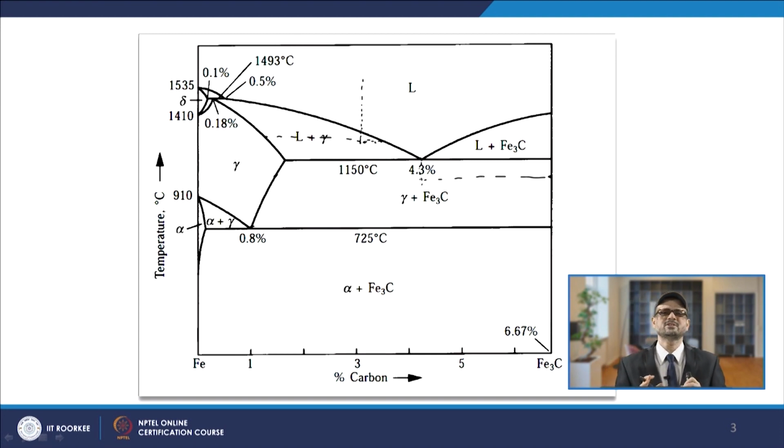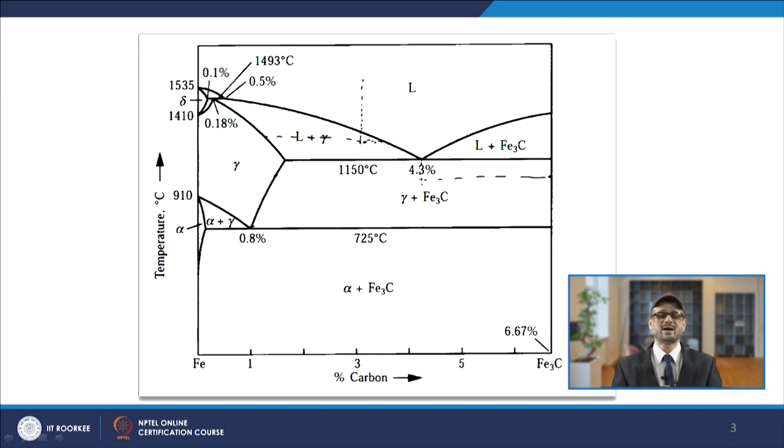So, basically when your cooling rate is high, you will get Fe3C, and when your cooling rate is small, you are likely to get graphite, and in the normal case when you have a good amount of silicon and also the cooling rate is very small, in that case the graphitization is promoted.